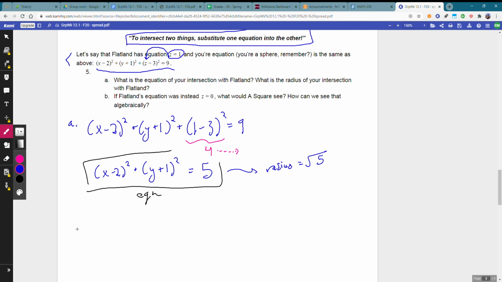And there's other ways to make that deduction, but that's one way to think about it. We should just see a single point in flatland.